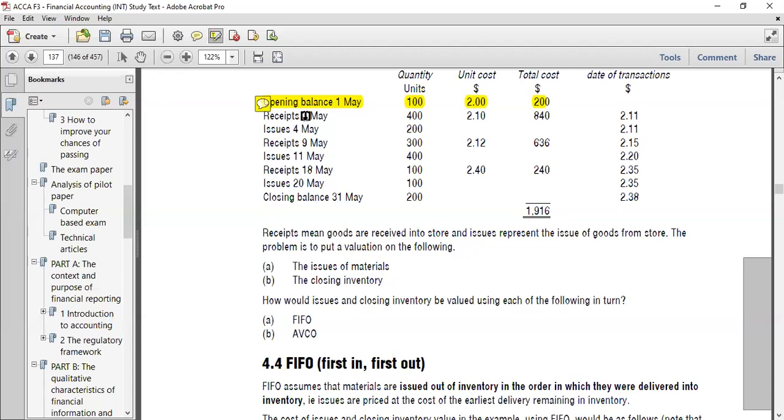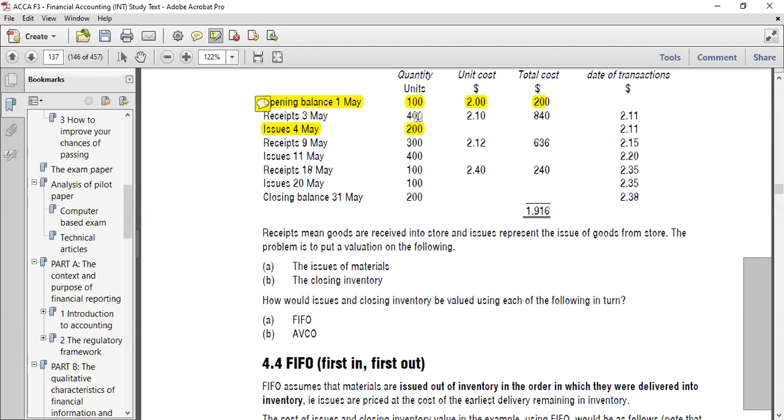Now, when it comes to the receipts on 3rd, we have 300 remaining here because we've already issued something. When we issued at this level, we picked 100 from here. So if we get another receipt of, let's say, 300 at this level, and then we are issuing on 11 May, we are going to first start from the 300 that remained here.